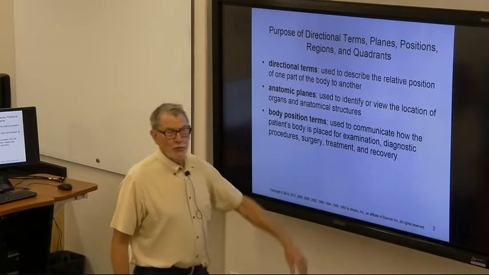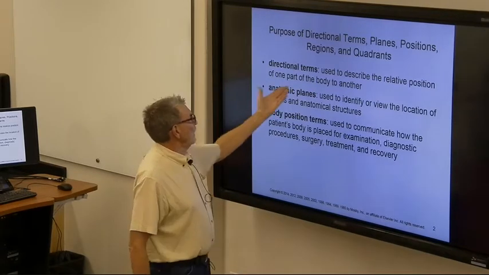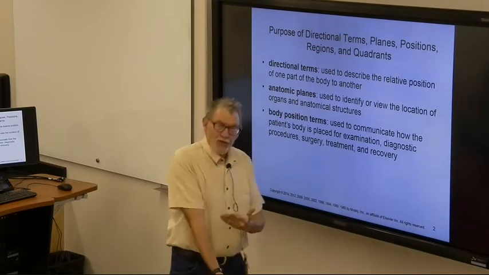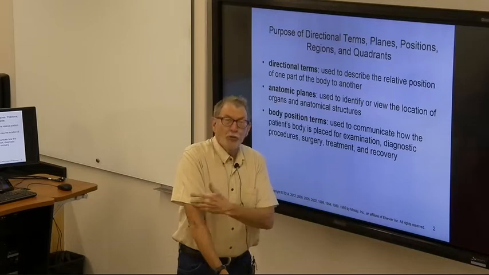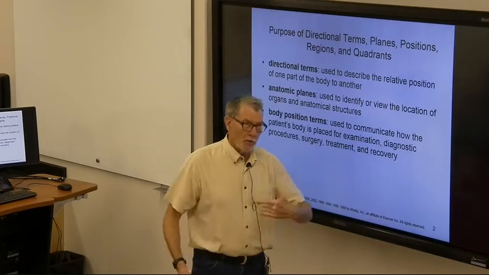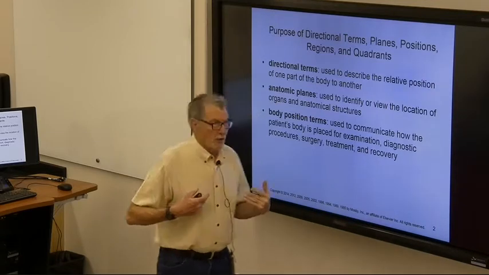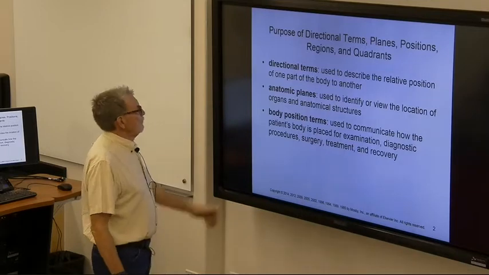First of all, let's do some directional terms. They'll tell you the position of things compared to something else, compared to the elbow, compared to the heart, compared to the lungs, compared to the stomach.